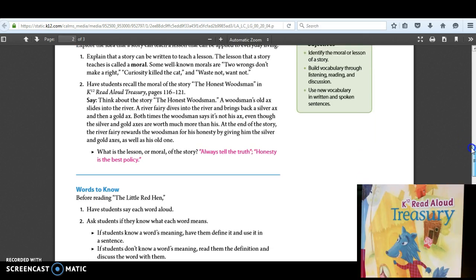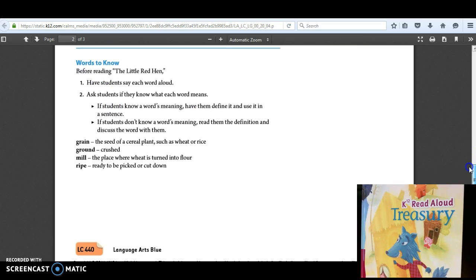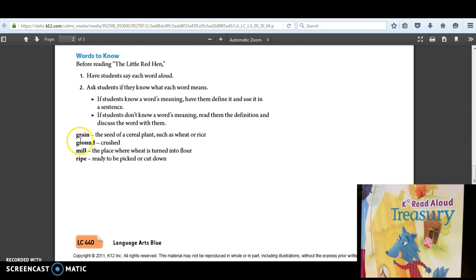But before we read the story, we're going to look at some words that you need to know in the story. So learning coaches, you're going to go over these words. The first word that your student may not know is the word grain. Students, this is the seed of a cereal plant such as wheat or rice. It's considered a grain. Then the word ground, which in this story means something that's crushed.